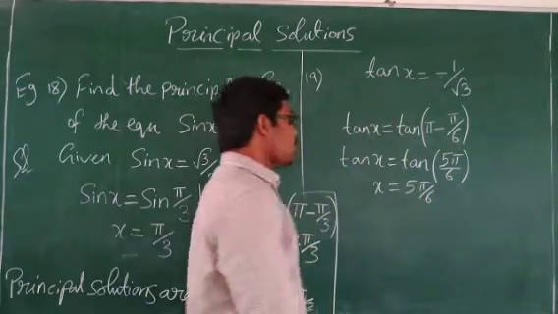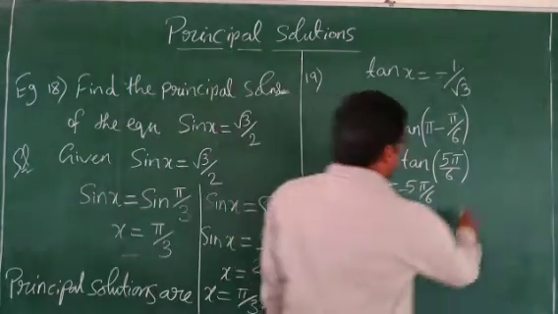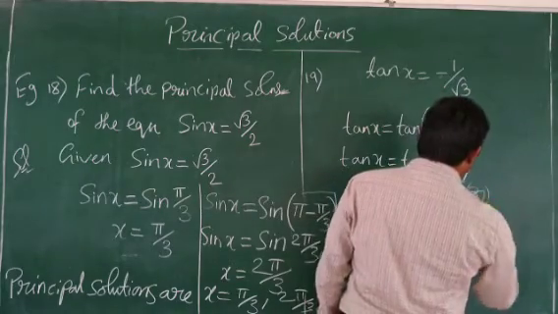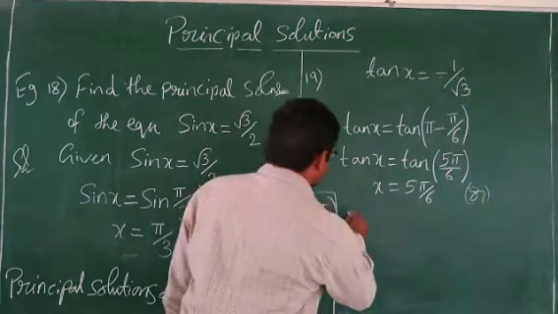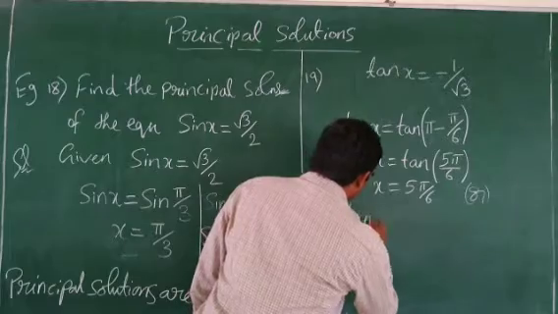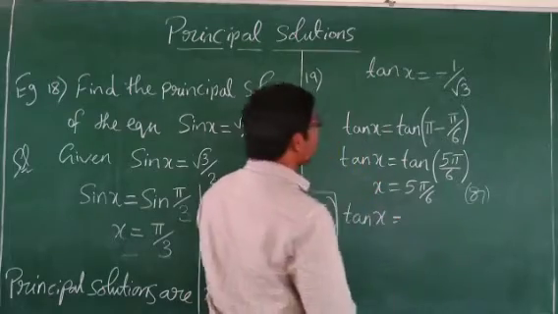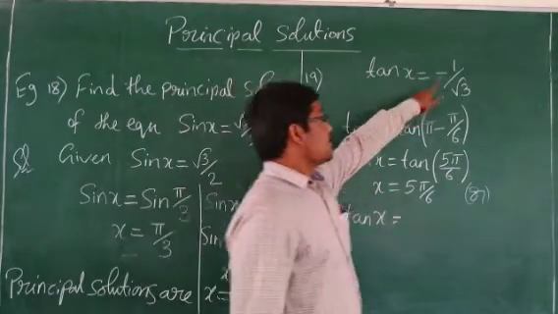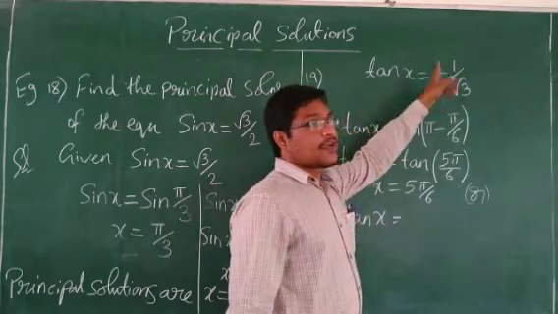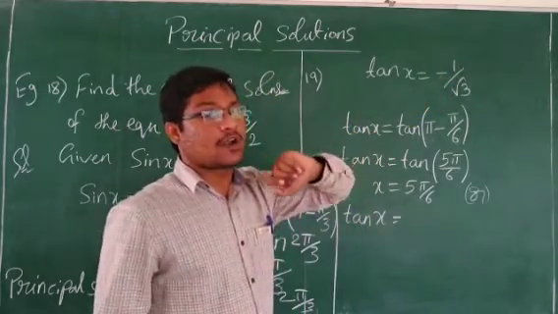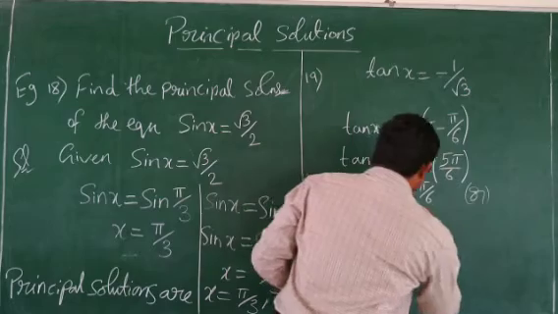That is one angle. We can also get another angle, where tan x is equal to, again it is negative. Negative again you will get in the fourth quadrant.